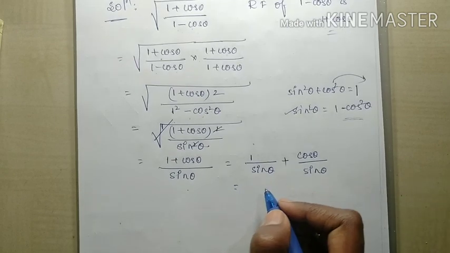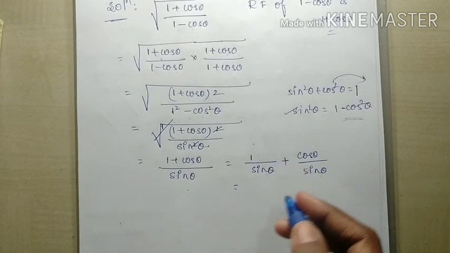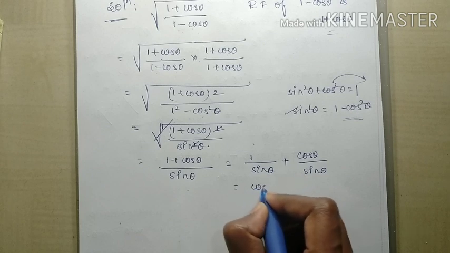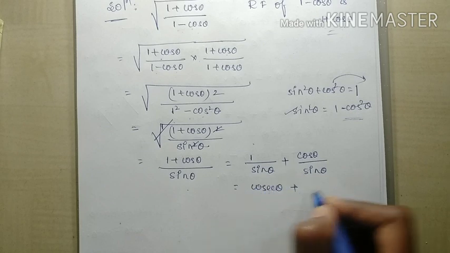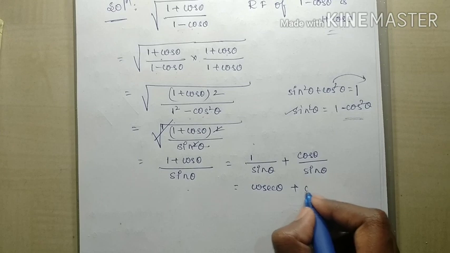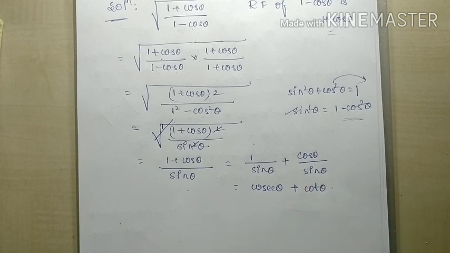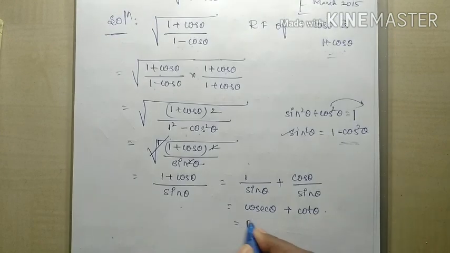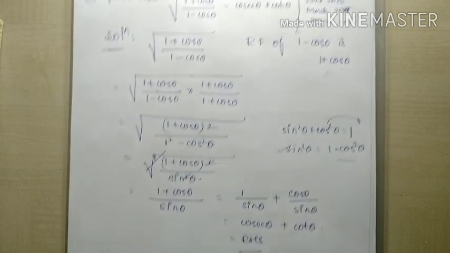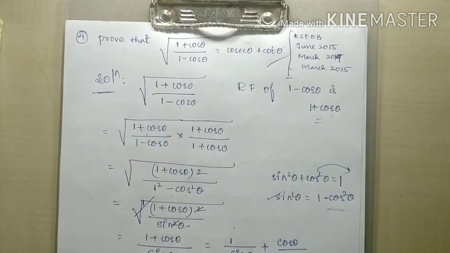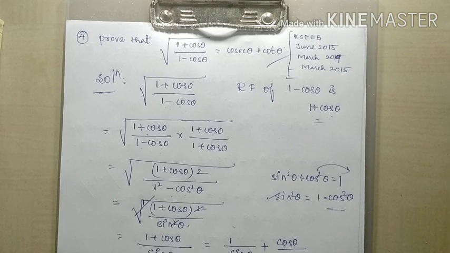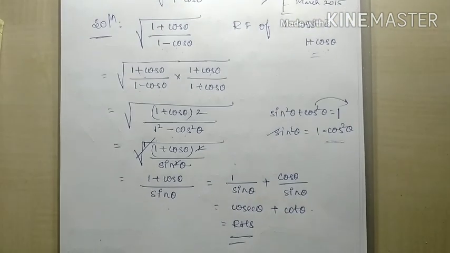So 1 by sin theta, that is reciprocal of sin theta, is cosecant theta, plus cos theta by sin theta is cot theta. So this is RHS. We proved that cosecant theta plus cot theta.